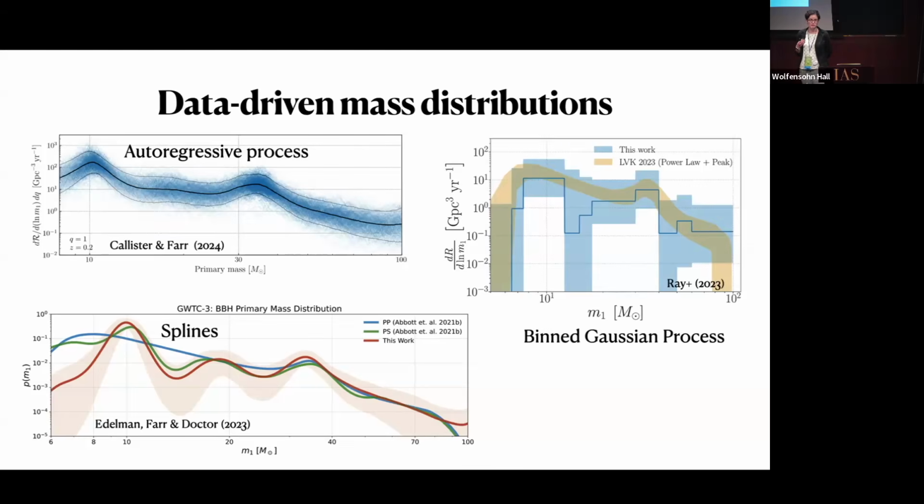If you end up finding features in chirp mass, it's more difficult to interpret, because why would the universe make features in chirp mass? That's not a thing stars should know about. But you can also do it in total mass, for example.